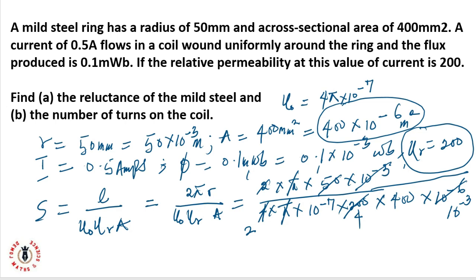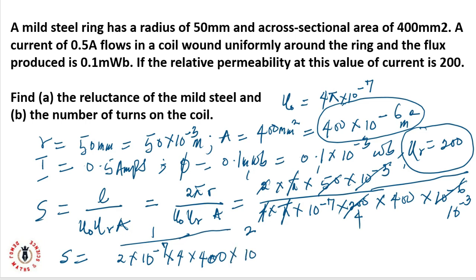So my S should be equal to 1 over 2 times 10 raised to power minus 7 times 4 times 400 times 10 raised to power minus 3.